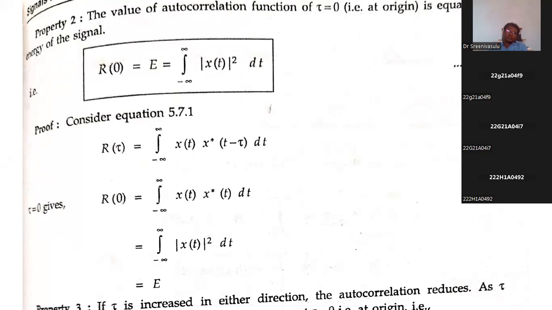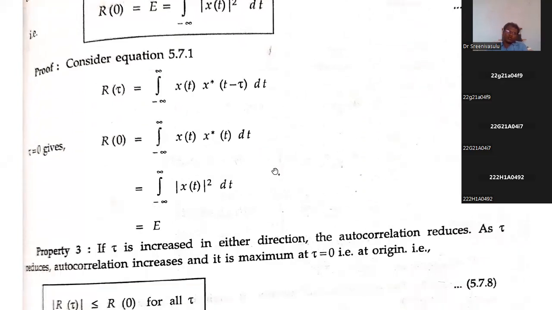Whenever we substitute tau equal to 0, you will get x of t into x complex conjugate of t, so it is the magnitude of x of t whole square. What is the magnitude of x of t whole square? It is nothing but energy. So R of 0: whenever you want to calculate energy from autocorrelation, you write the autocorrelation formula and substitute tau equal to 0, and you will get the energy of the signal.